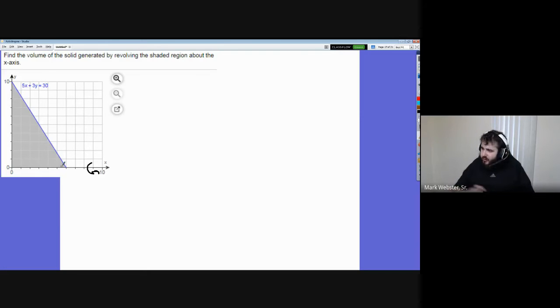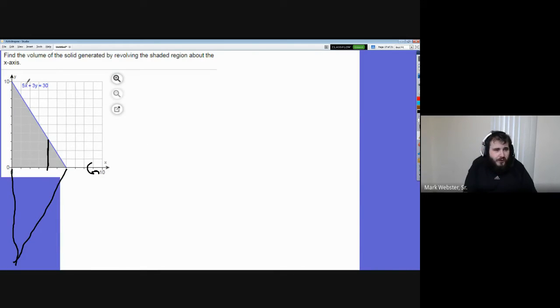And then the cross sections are going to be circles, right? So what we need to be able to do is find the radius of this weird stumpy cone, right? Well, isn't the radius just this part, right? Even though it's spinning around, the radius is still half, right?